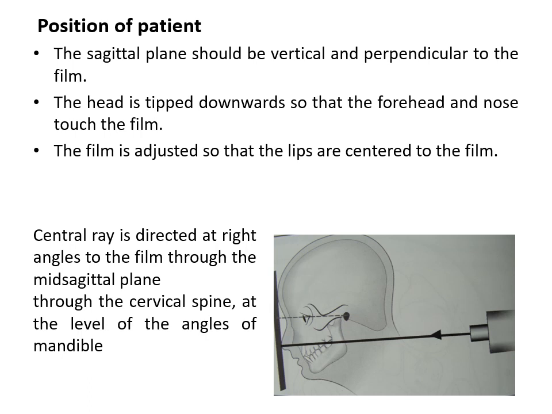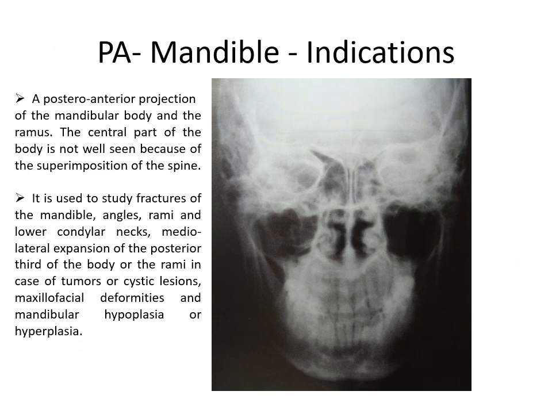So let us see the indications of this PA mandible. It gives a postero-anterior projection of the mandibular body and the ramus. The central part of the body is not well seen, mainly because of the superimposition of the cervical spine.